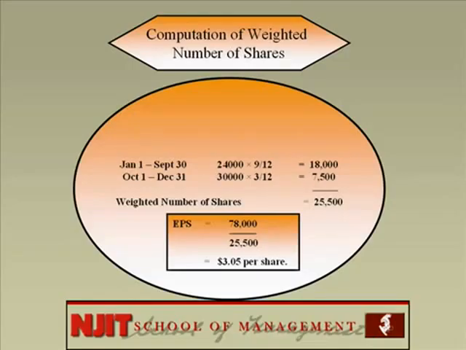So you times the number by the date. So to weight it, you multiply 24,000 by 9 over 12 and 30,000 by 3 over 12. As you can see, the total weighted number of shares is 25,500. When you divide it by the net income, you get $3.05 per share.